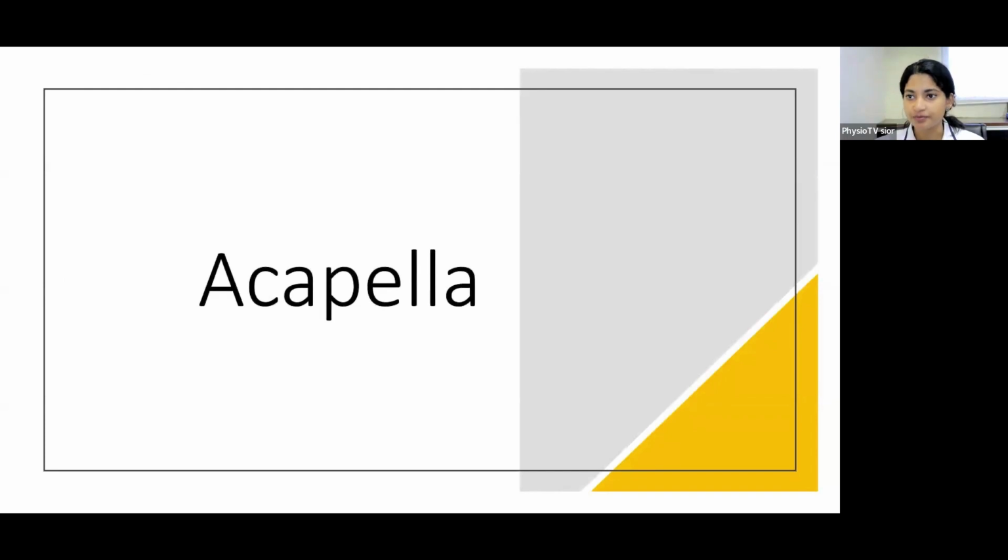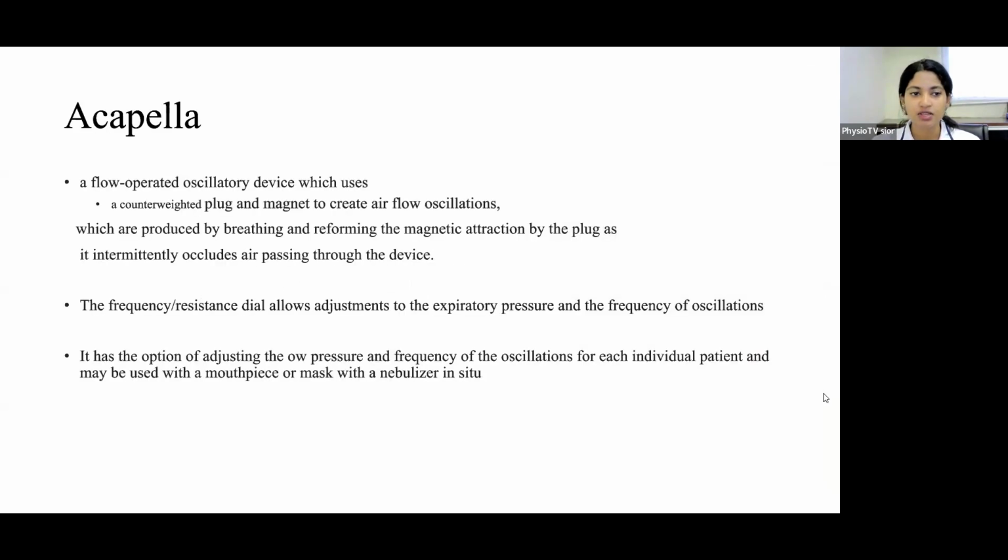That was the flutter. Let's understand what is Acapella. Another OPEP device, that is an oscillatory positive expiratory pressure device. Acapella is a flow operated oscillatory device. There is a plug and a magnet which create the airflow oscillations in that device. Through the magnetic attraction of the two objects, there is intermittent occlusion of the air when the subject is expiring.